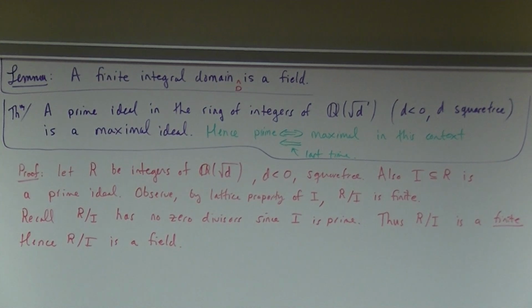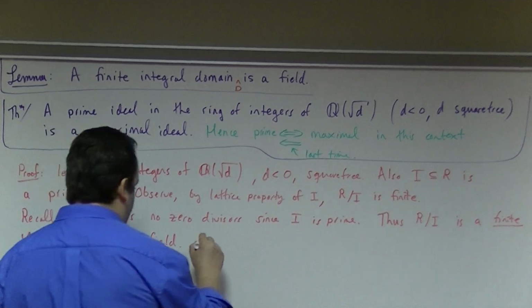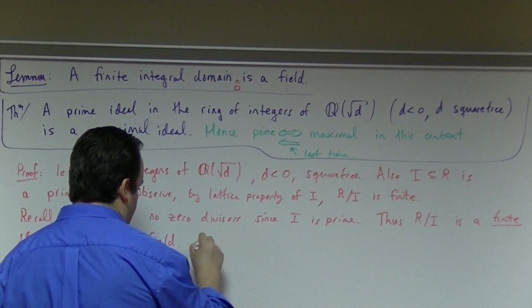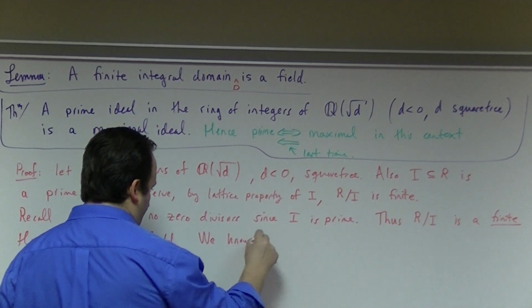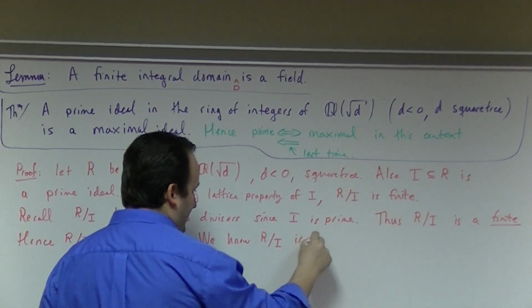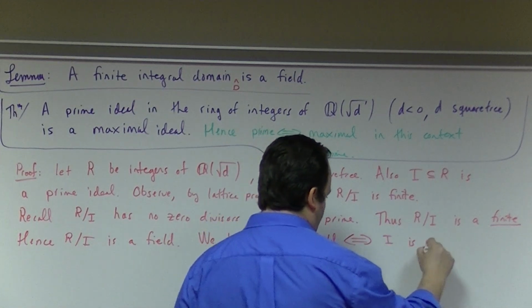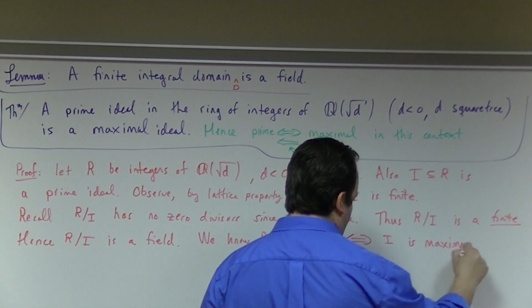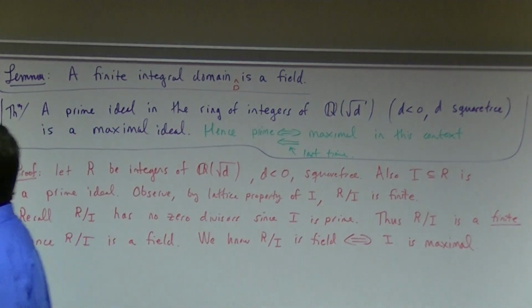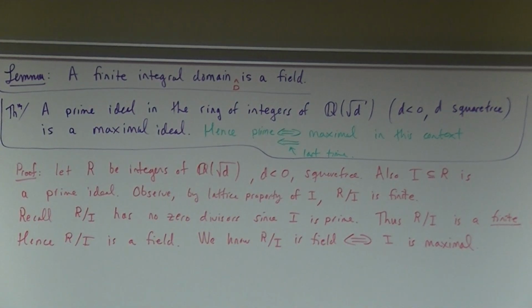A field. But then what? Remember, we also know R mod I is a field if and only if I is maximal. That was like 30 minutes ago. We proved that even today. You already forgot, but we proved it.